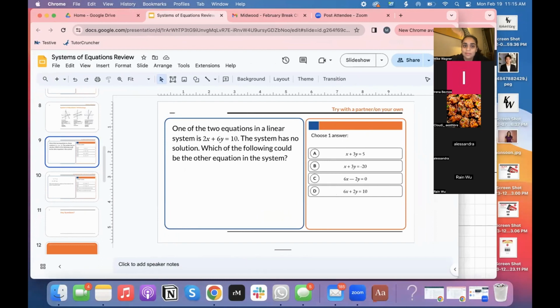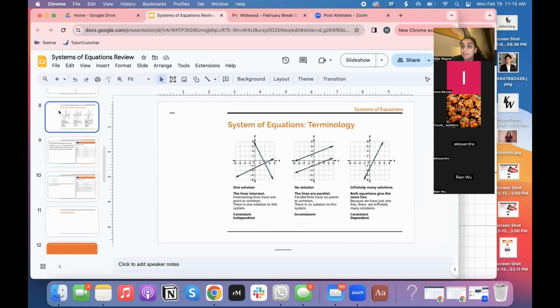So one of two equations in a linear system is 2x plus 6y equals 10. This is super gross to look at because it's not in y equals mx plus b form. So if you're really comfortable, you can basically convert it to y equals mx plus b. The system has no solution, and for no solution, that means the lines have to be parallel.